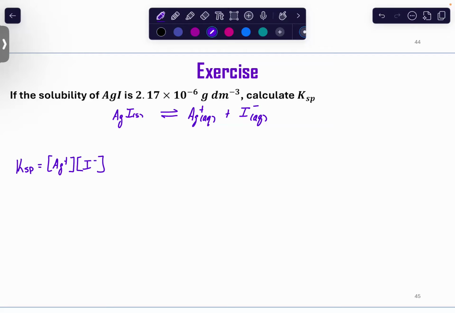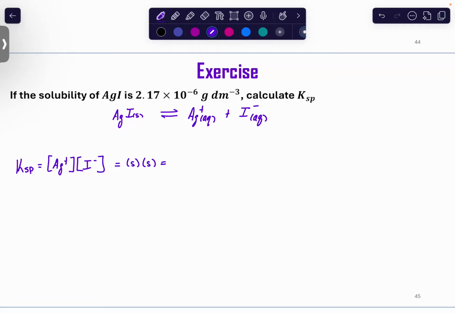But if I look at each one of those concentrations, I get 1 silver from 1 mole of silver iodide and 1 mole of iodide from 1 mole of silver iodide. So if I just calculated the concentration of silver in solution, that would give me the solubility. So that means that's going to be S. And the same is true for the iodide.